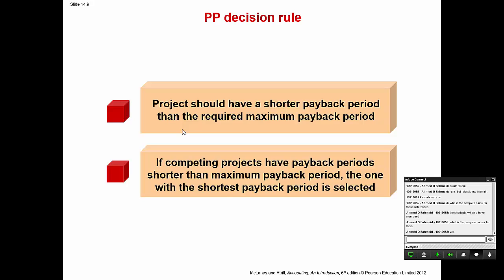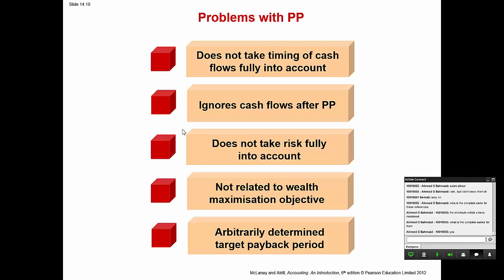Of course, this method also has some problems. The first problem is that the payback period does not consider the timing of cash flow. The second problem is that the payback period completely ignores the cash flow after the payback period.